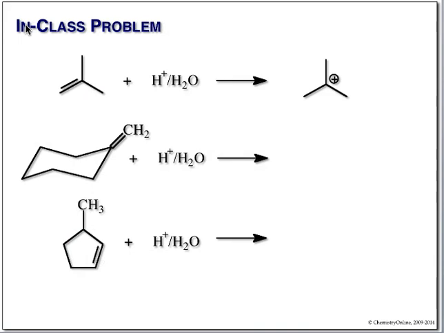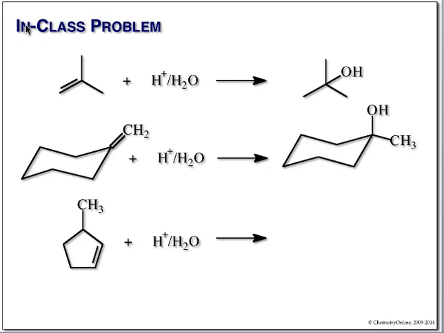Once we form that, OH will add, and that's our product. In our next one, we have a primary center, we have a tertiary center. Our carbocation will be on our tertiary center. That means that OH will add and make the tertiary alcohol.